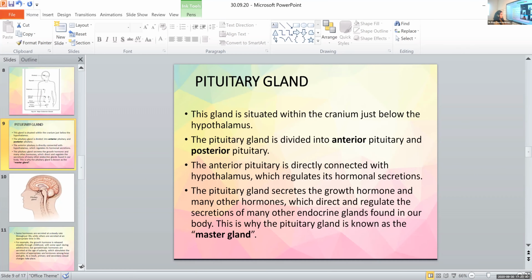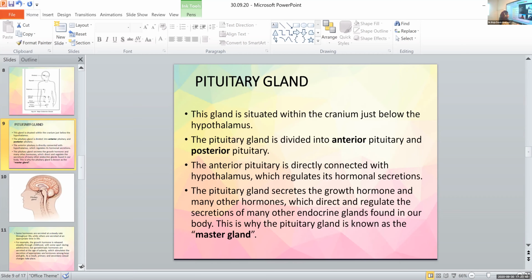The anterior pituitary is the one that secretes more hormones, including the growth hormone, required for the growth of human beings. The posterior pituitary, on the other hand, helps in the storage of the hypothalamic hormones, the hormones produced by the hypothalamus. I think you don't have to study that, but note it.